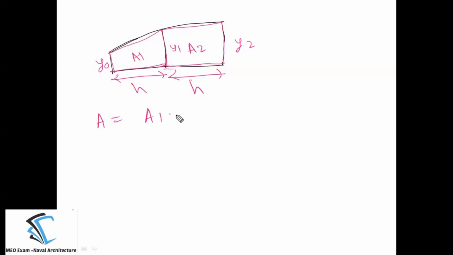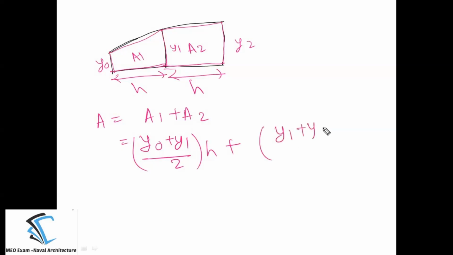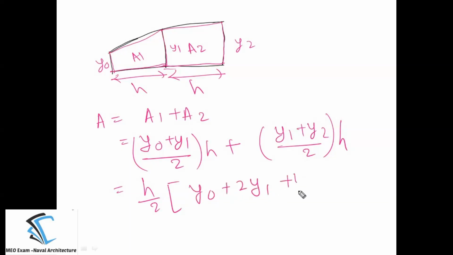That will be A1 plus A2, and A1 will become (y0 plus y1) by 2 into h, plus (y1 plus y2) divided by 2 into h. You can take h by 2 common, so it becomes h by 2 into (y0 plus 2y1 plus y2). So this is the formula for calculating the area under this curve by using the trapezoidal rule.